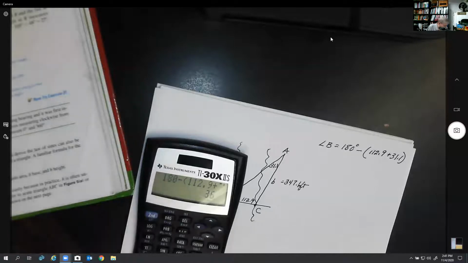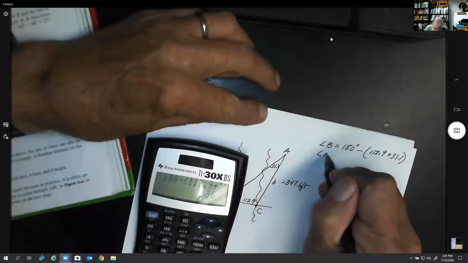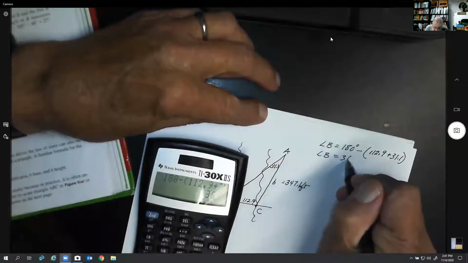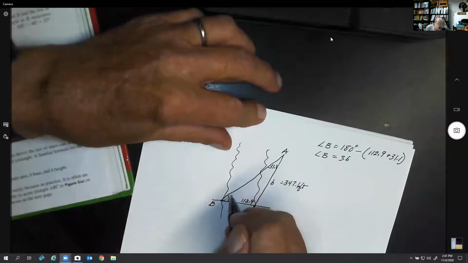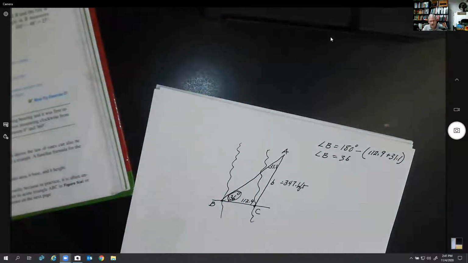I come out with exactly 36, which is kind of weird, huh? So angle B is 36. Let's put that in our drawing. Now we've calculated that. Circle it.